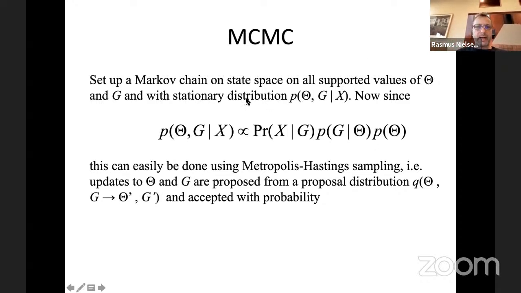So we make a Markov chain on this state space of possible genealogies and parameter values. And we want it to have as its stationary distribution the posterior distribution of parameters and genealogies, which is proportional to the probability of the data given the genealogy, times the density of genealogies given the parameters, times the prior distribution of the parameters. It's proportional to that.